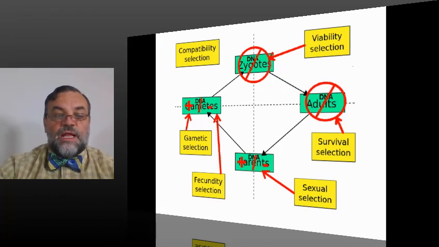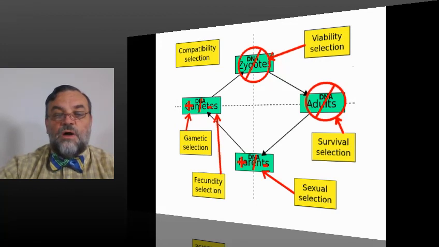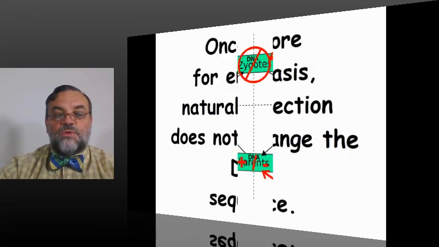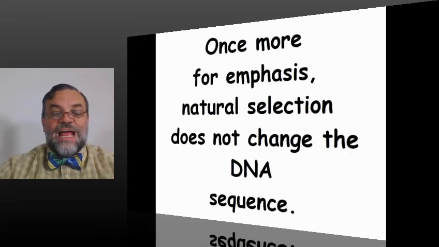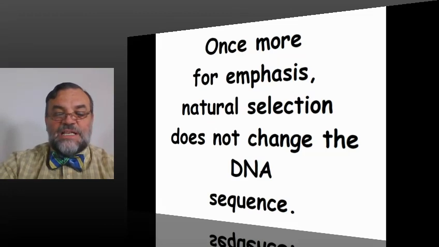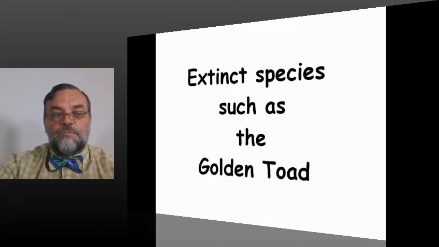The fecundity selection and the gamete selection is the gametes, and it can be more or less able to generate the gametes, and the gametes are successful in joining together to form a zygote and start the cycle all over again. So here the effect of selection is plus minus. It's quantitative, no longer do or die, but nonetheless, as we say here, once more for emphasis, natural selection does not change the DNA sequence.